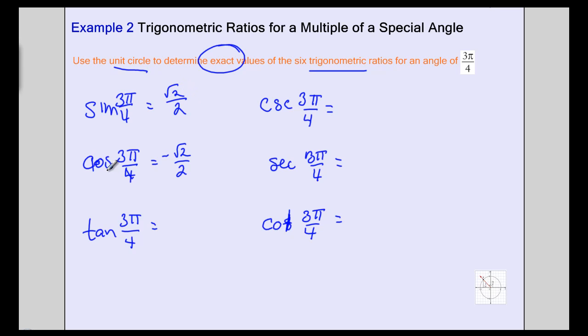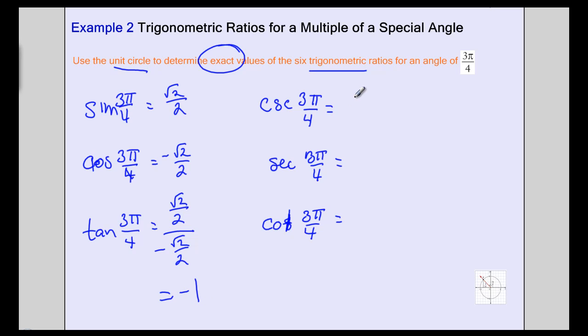And that goes second quadrant. Sine is positive, cos is negative. Tan should also be negative according to Cast rule. Tan is equal to sine over cos. Root 2 over 2 all over negative root 2 over 2, which simplifies to become negative 1.